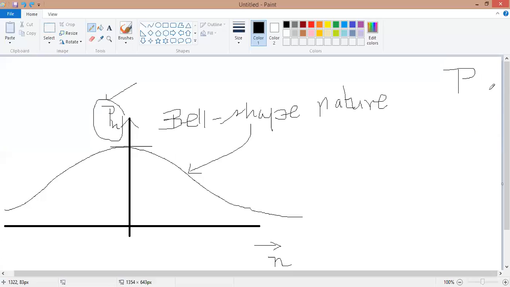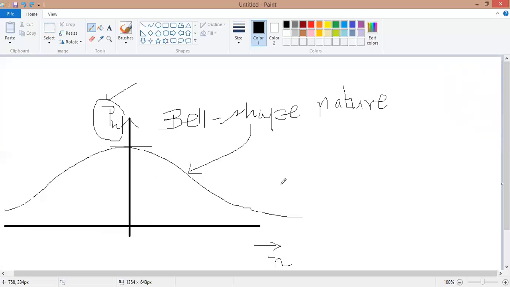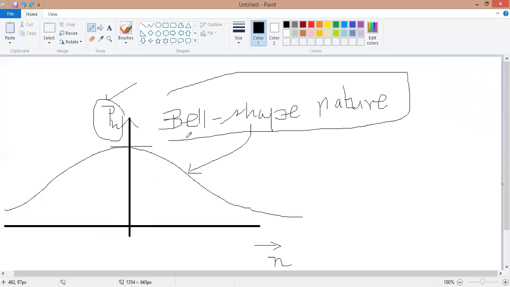It is equally likely in nature, because on this positive side and this negative side, everything is equally distributed, right? This shape is known as bell-shaped nature, and from the name of the scientist Gauss, we say it is Gaussian shape, because he developed this particular curve.